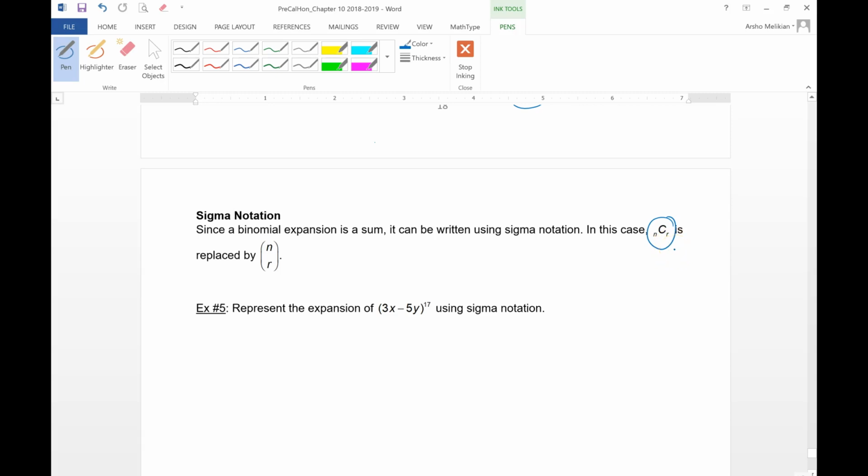Just because we like to spice things up in math, there is an equivalent notation to that, and that is this. So if I saw a billboard that said this, I would say, oh, that's the same exact thing as that.